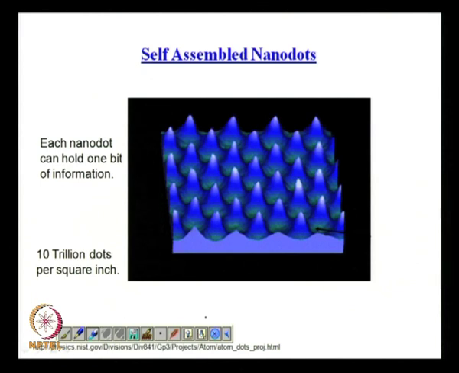On 1 square inch of surface, if you can make the nanodots, how much information can be stored using self-assembled nanodots?